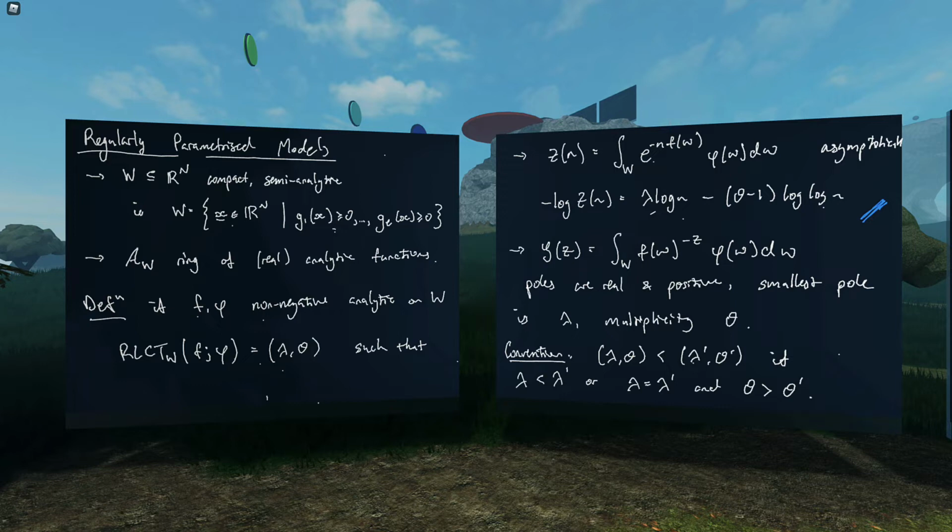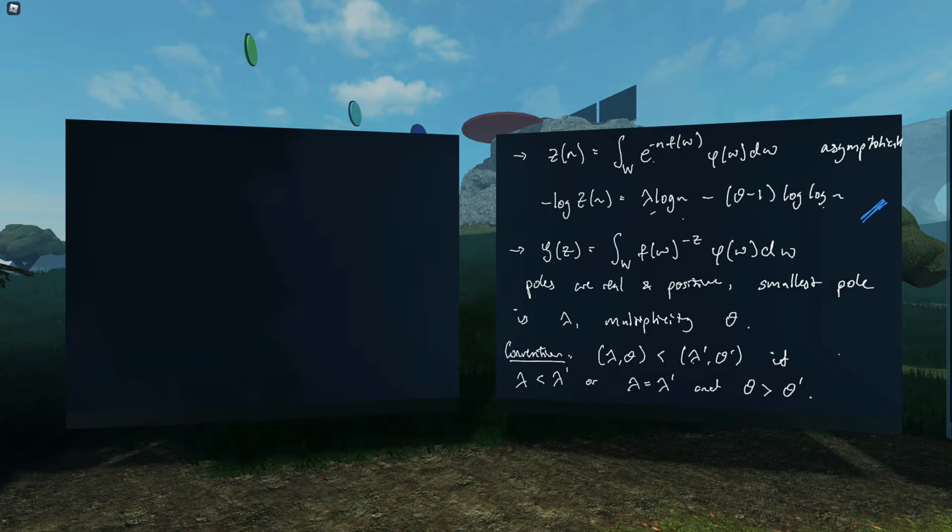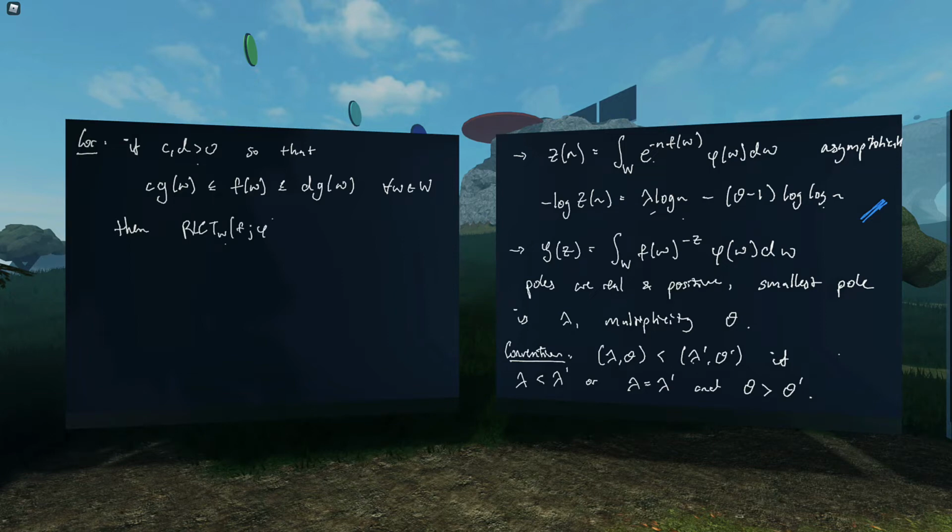Okay, so fortunately for all of us, the actual order of the inequalities doesn't usually matter, because the way we use this result is through the following corollary: if we have c, d greater than 0, such that c g is at most f, which is at most d g, then the RLCTs agree.